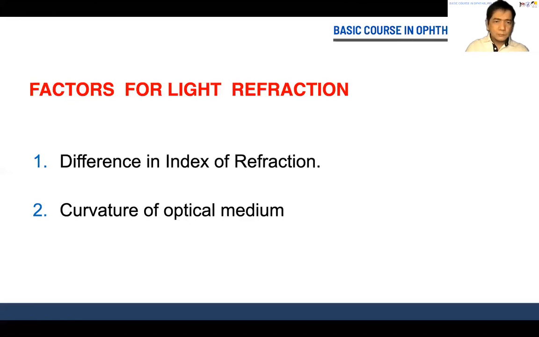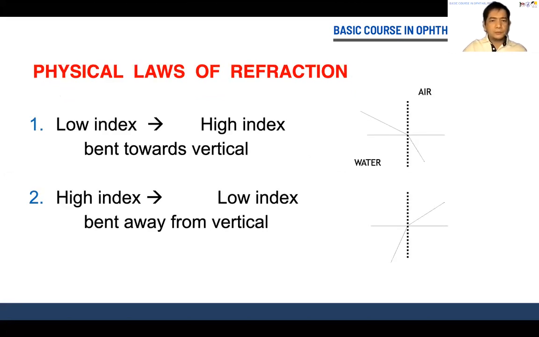So there are several factors for light refraction. One is the difference in index of refraction, and the other one is the curvature of the optical medium. And with the physical laws of refraction, with low index to high index, the light rays are bent towards the vertical.